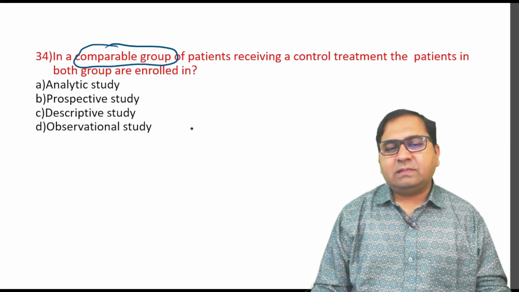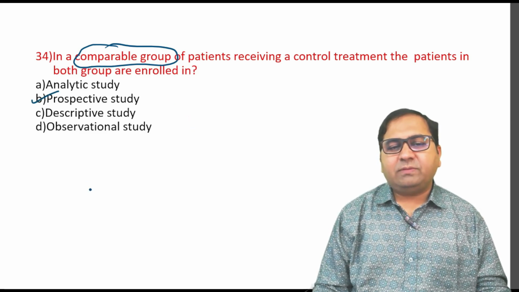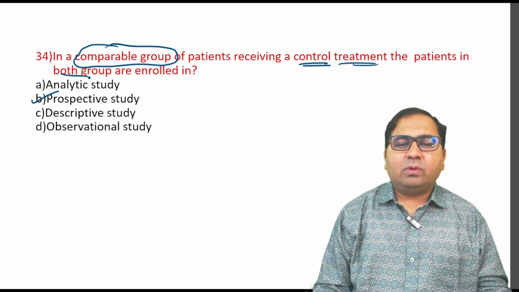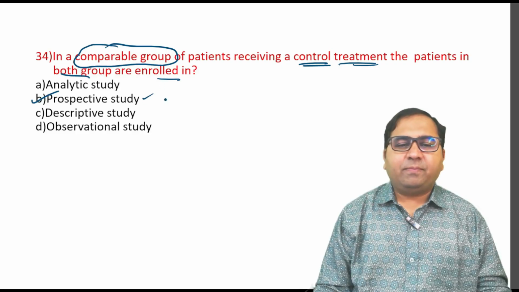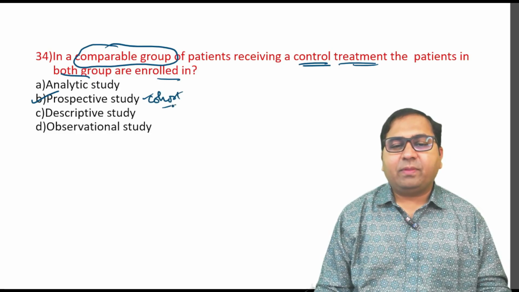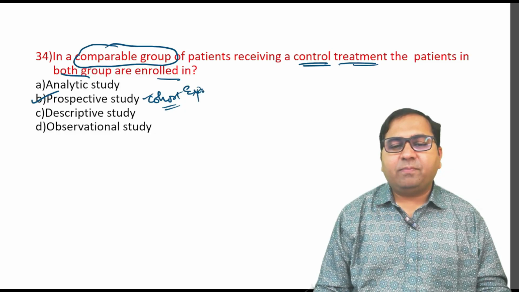The answer is that it is a prospective study. A comparable group of patients receiving a controlled treatment. Both the groups are enrolled in a prospective study, or more specifically a prospective type of cohort study, where you expose and then you see for the outcome.